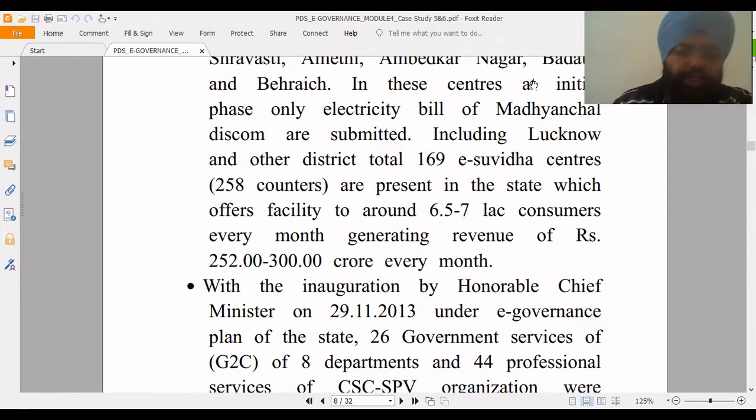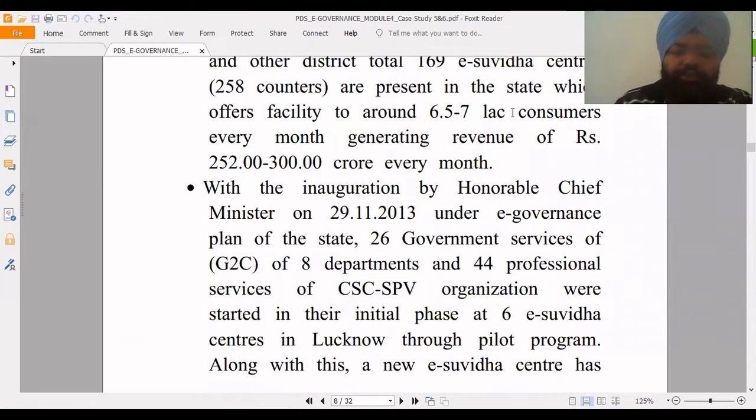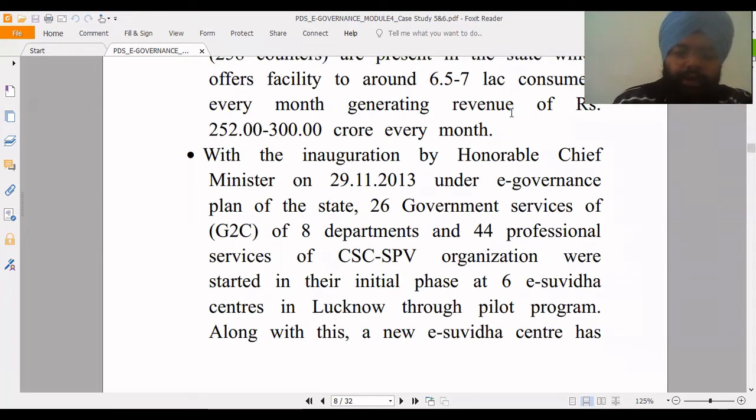Now, with the inauguration by the Honorable Chief Minister on 29 November 2013 under the e-governance plan of the state, 26 government services of G2C of 8 departments and 44 professional services of CSC SPV organization were started in their initial phase at 6 E SUVIDHA centers in Lucknow through a pilot program.